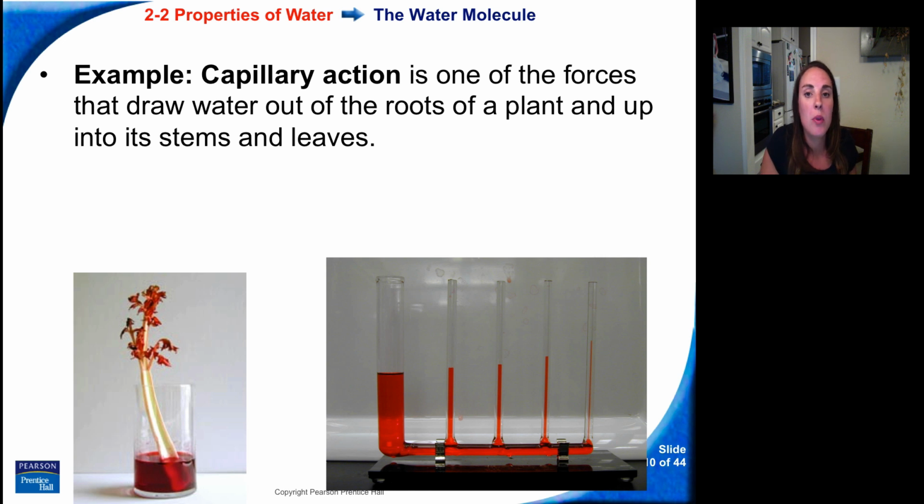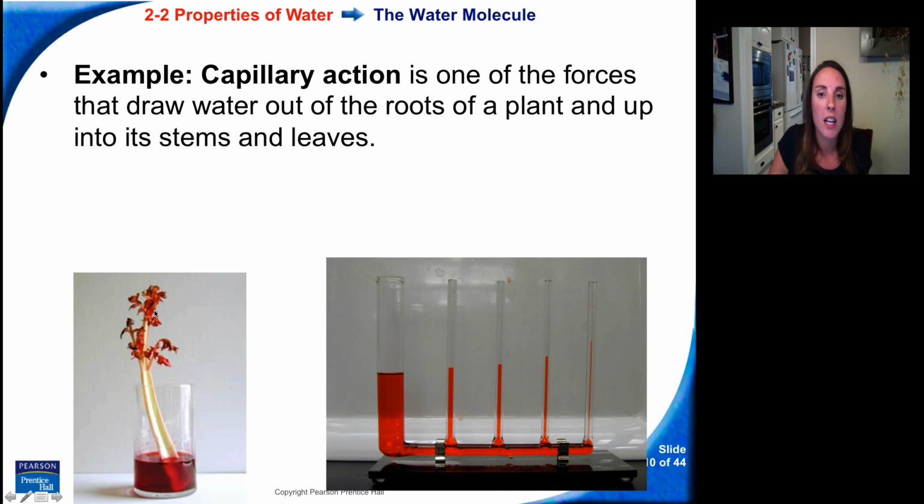An example of capillary action is that capillary action is one of the forces that draw water out of the roots of a plant and up into its stem and leaves. So you can see in this picture, if you actually cut a plant and you put it in dyed water, capillary action will take that water and draw it up all the way to the leaves, turning the leaves the same color as the water.